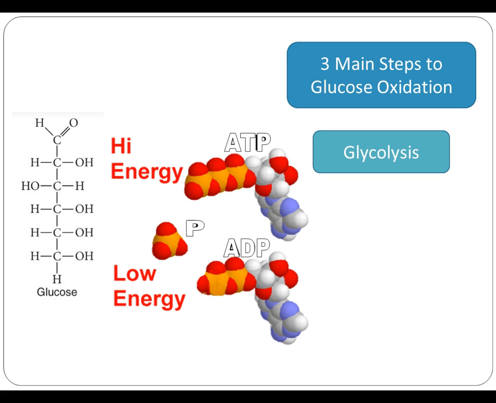This glucose is broken in half into 2 separate pyruvate molecules that can be further broken down in the next step. But before we get to the next step, I want to finish talking about glycolysis. So yes, glycolysis splits glucose into 2 3-carbon pyruvic acid molecules.